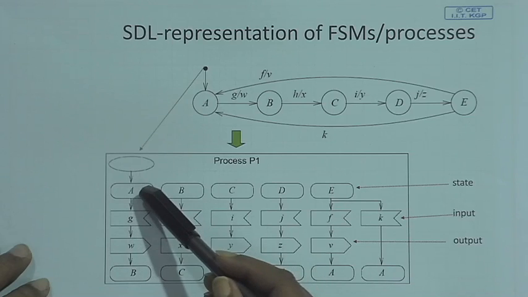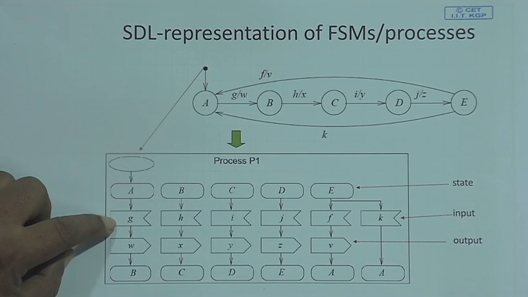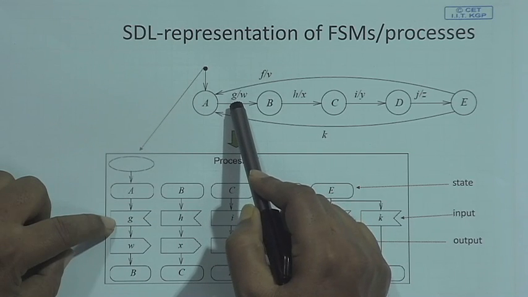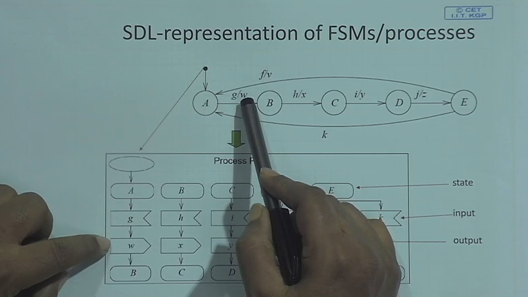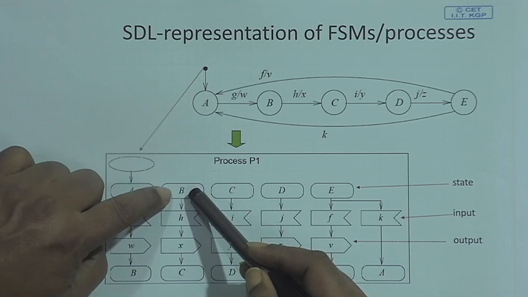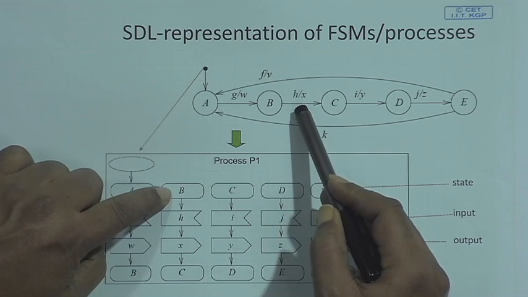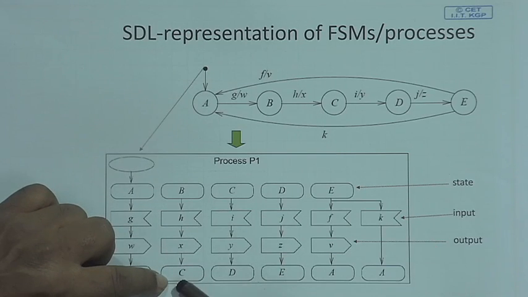So, from A on input event G, I produce output W and come to the state B. And then from the state B on input event H, produce the output X and go to C, right.